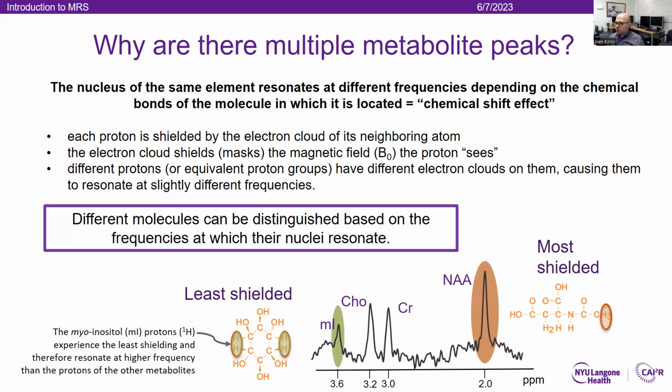You can see the most shielded of these 4 metabolites is NAA, the least shielded is myo-inositol. So they're separated on the spectrum. They're separated by different frequencies. The units here, the horizontal scale is frequency, and the units are parts per million. Okay, this is a very basic way of understanding this, but it's very fundamental to MRS.